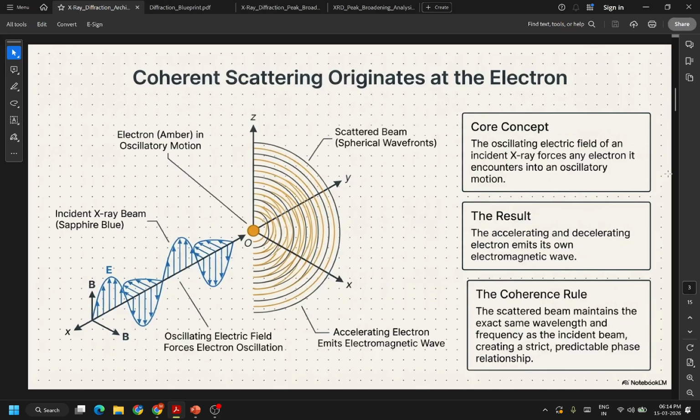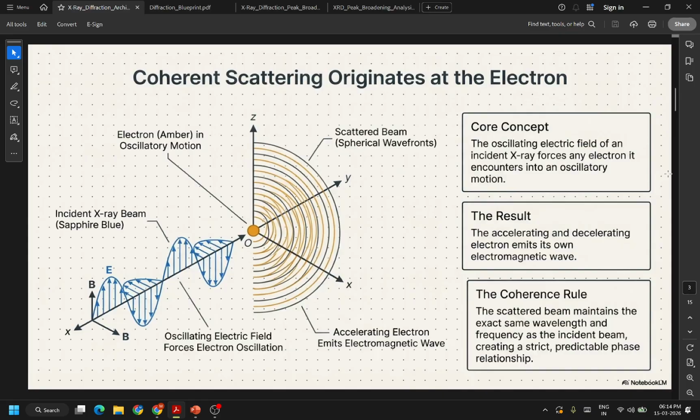as spherical wave fronts. So you can see an oscillating electric field gets converted into a spherical wavefront, an EM wave.